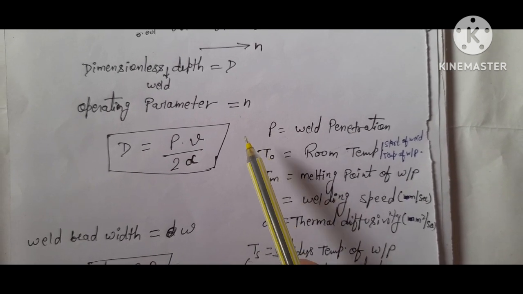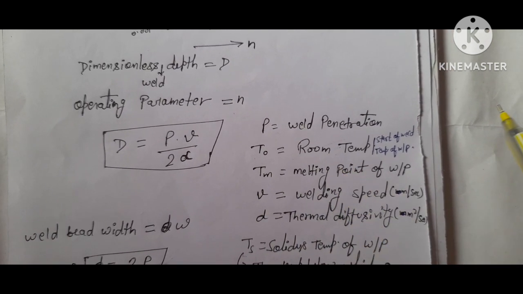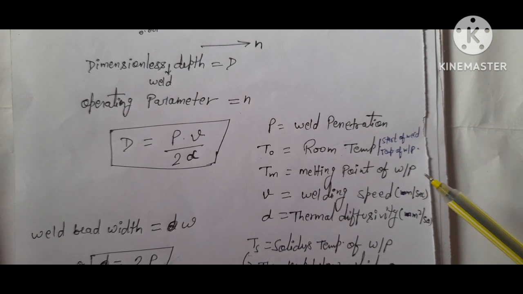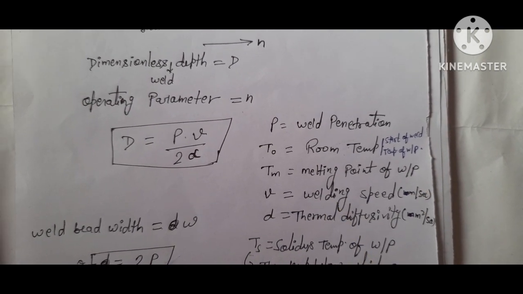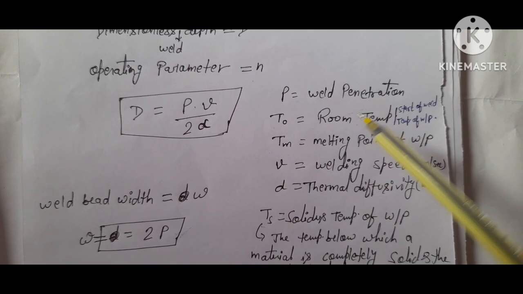If your workpiece is at room temperature, then you take room temperature. Otherwise, you take the temperature of the workpiece at the start of welding. It may be 40 degrees Celsius or 50 degrees Celsius after preheating.